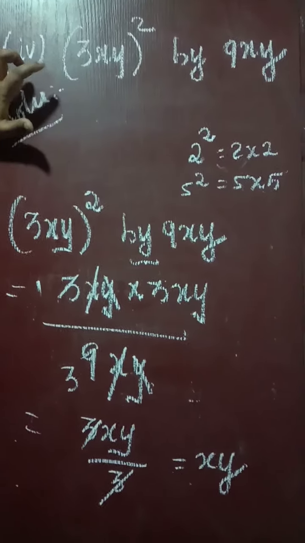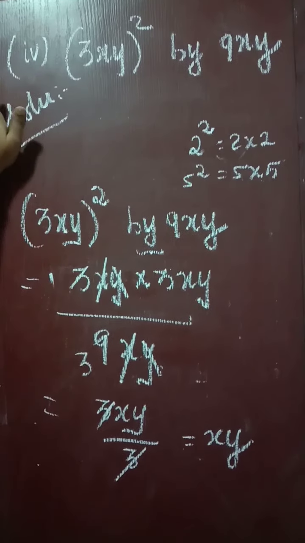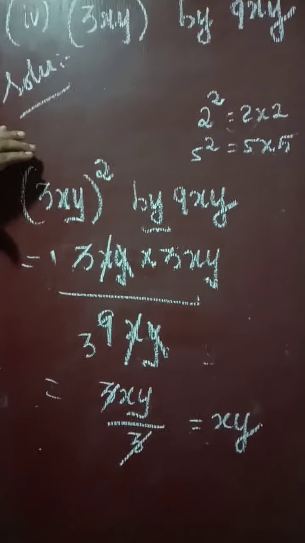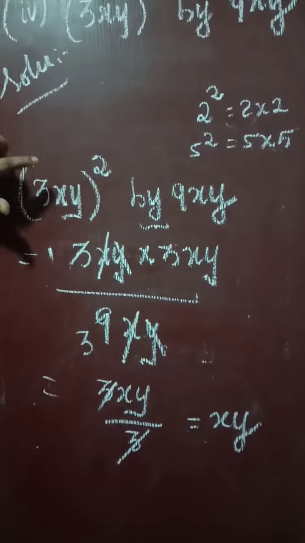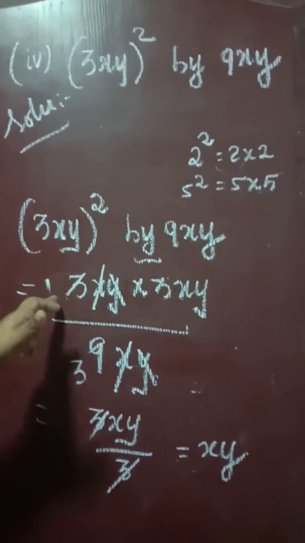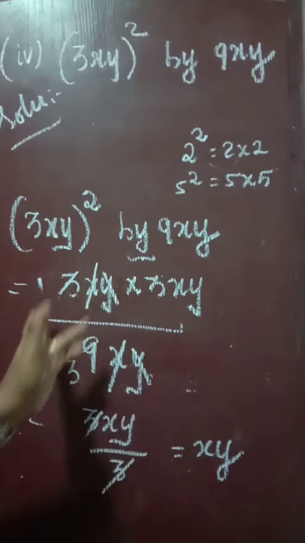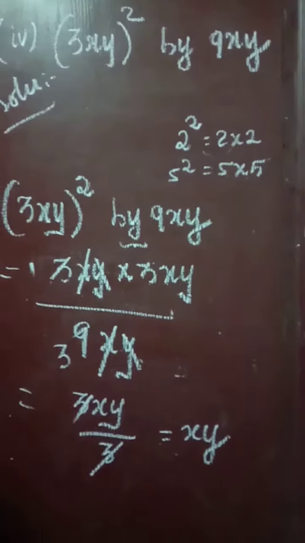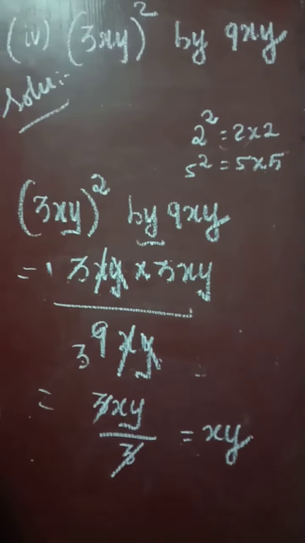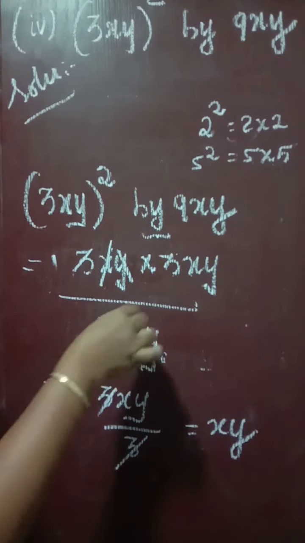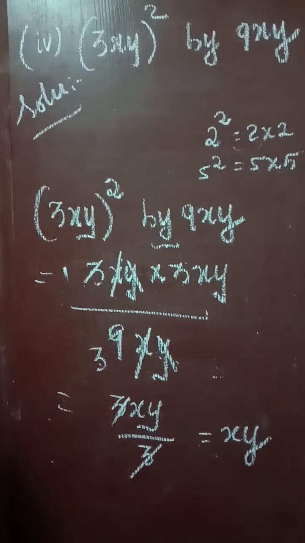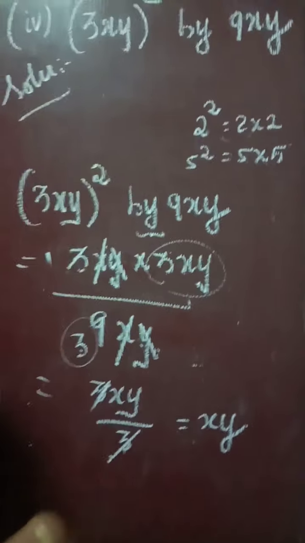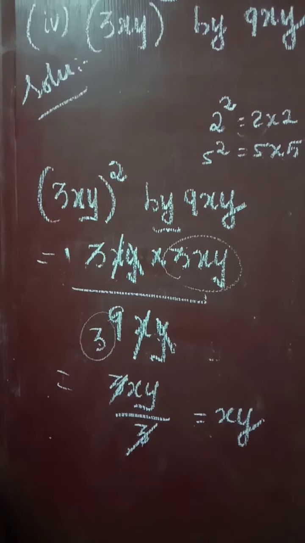Listen, so 3xy the whole square means 3xy is multiplied 2 times. So I write 3xy into 3xy divided by 9xy. So 3 1s are 3, 3 3s are 9. Here x and x cancel, next y and y cancel. So remaining term 3xy, here remaining term is 3. So 3 and 3 cancel, so answer is xy.